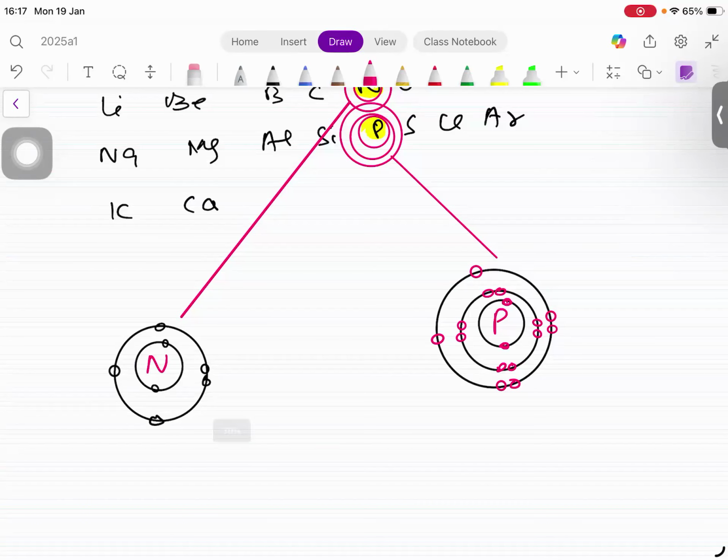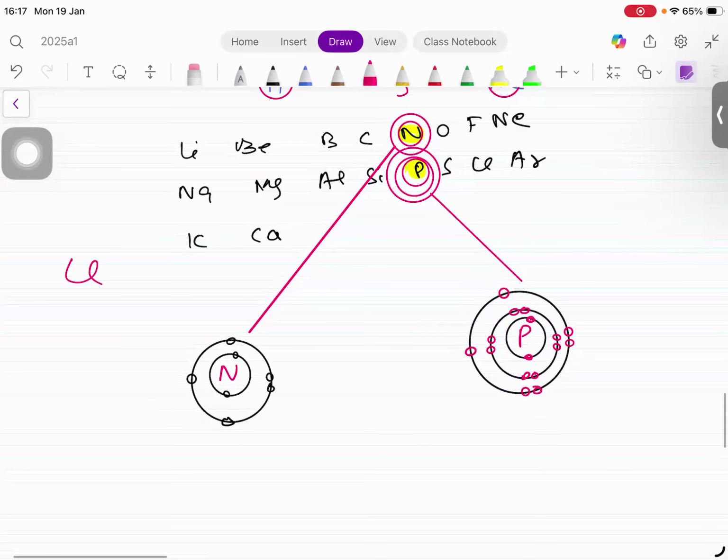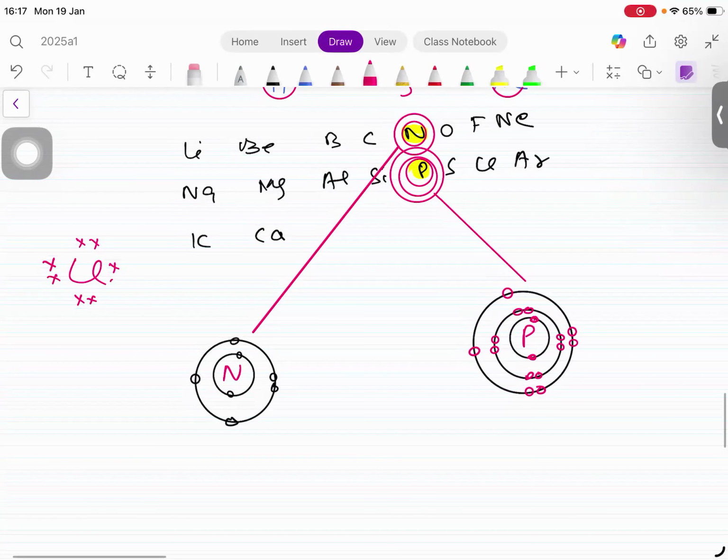Now let's see, we have a lot of chlorine atoms and we want to share the chlorine electrons. What to do? If one chlorine comes here, shares its electron, one here, one here. That makes what?